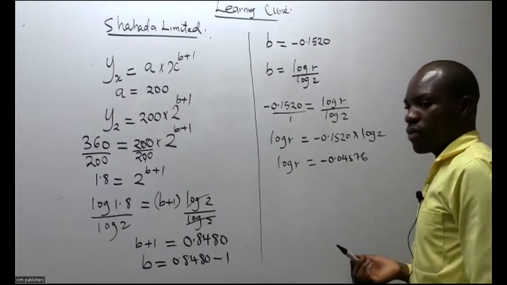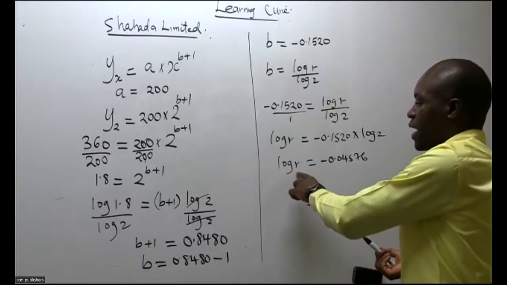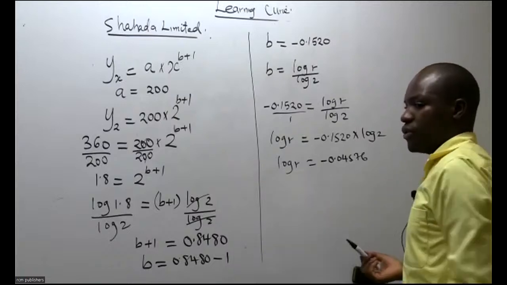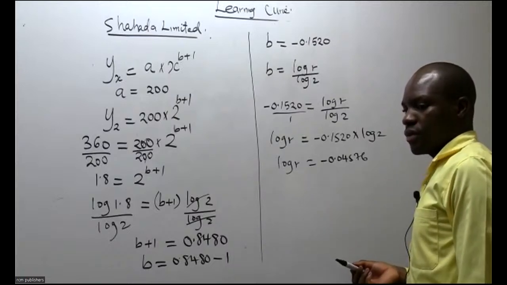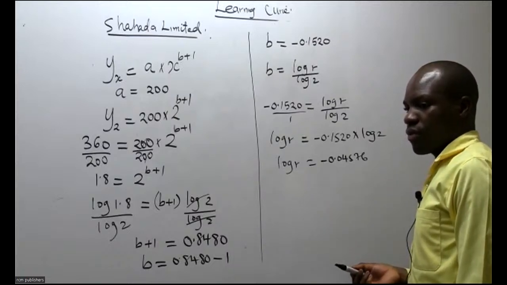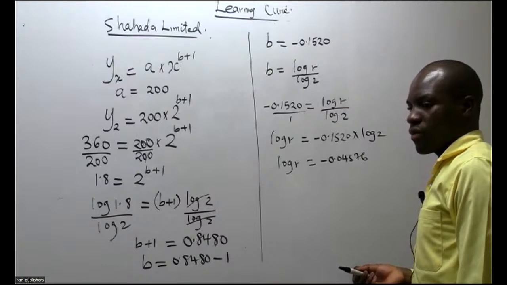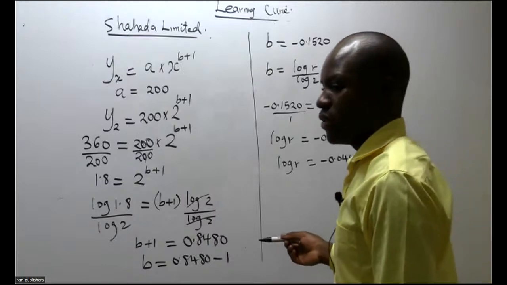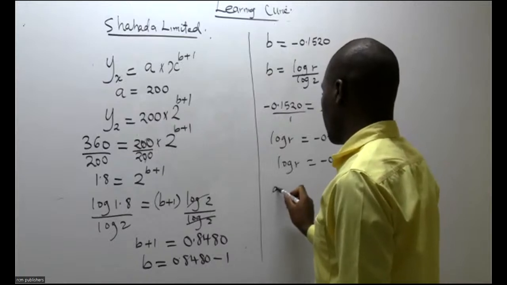What do I do? If I want to get R now, not log R, what do I do? I need to get the anti-log. Just get the anti-log.